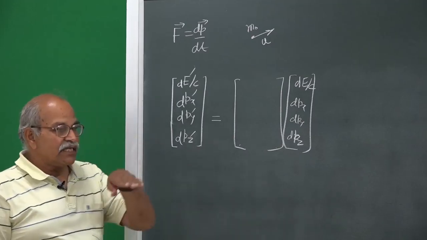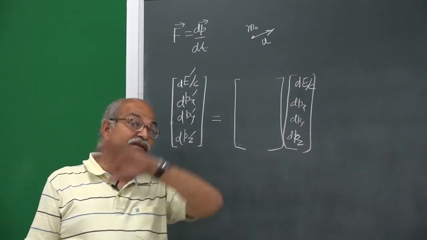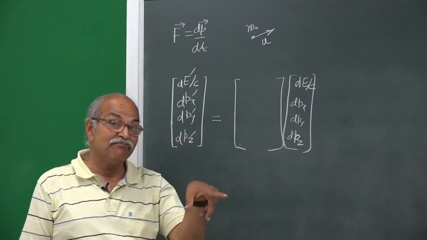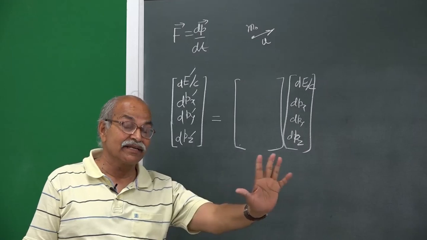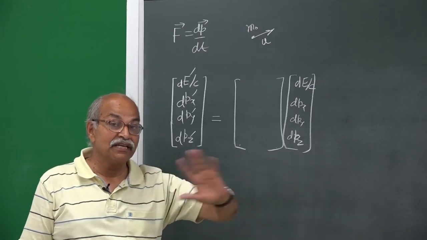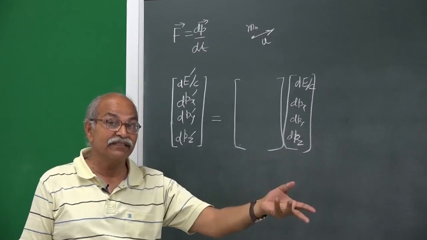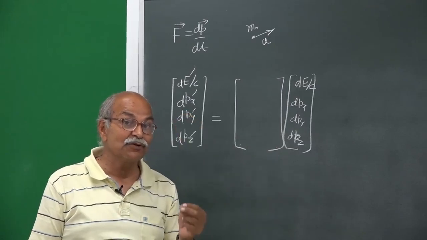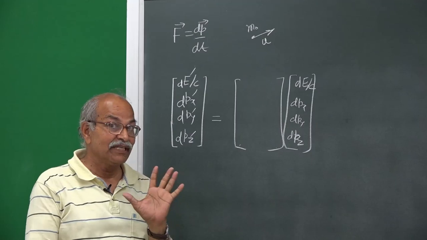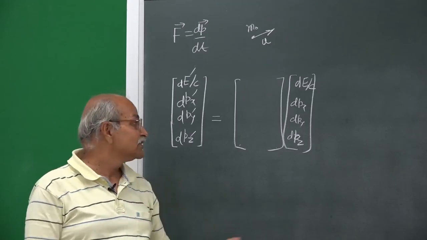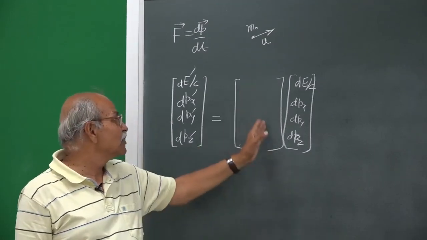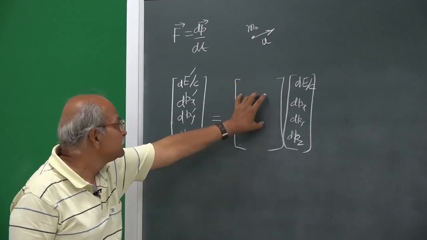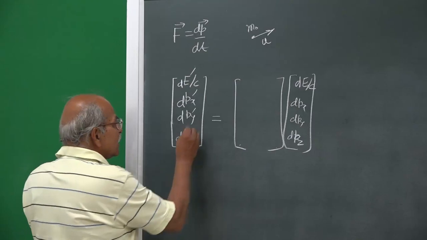And for S and S prime, if that is the standard definition that we are using from the very beginning, S prime moves in the x direction with a velocity v, positive x direction, at the time of origin crossing t equal to 0, t prime equal to 0, all those things, if I am sticking to that, then this Lorentz transformation, you know what it is, that gamma beta transformation.